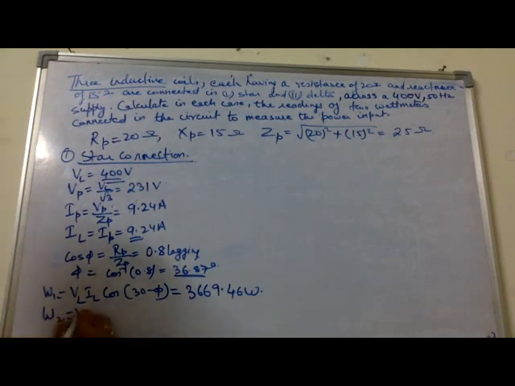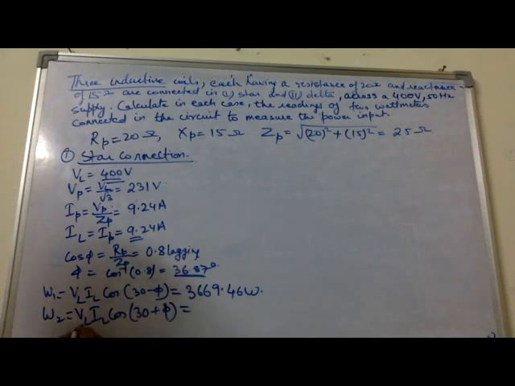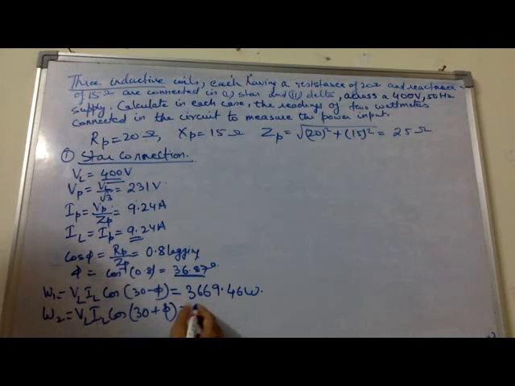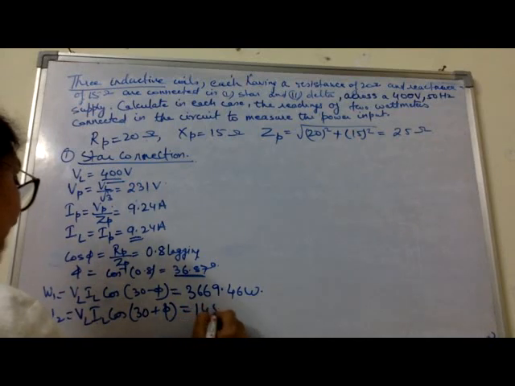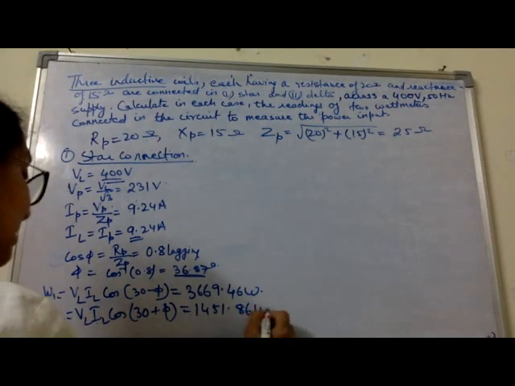W2, the other wattmeter reading, is given by VL IL cos(30 plus phi). Substitute again, VL equal to 400 volts, IL 9.24 amperes and cos(30 plus 36.87). Substituting all this, you will get a value of 1451.86 watts.